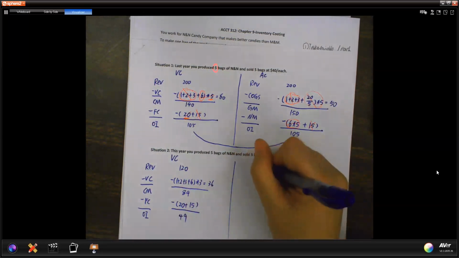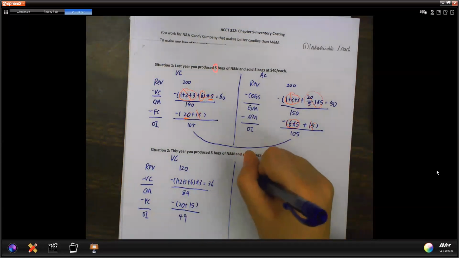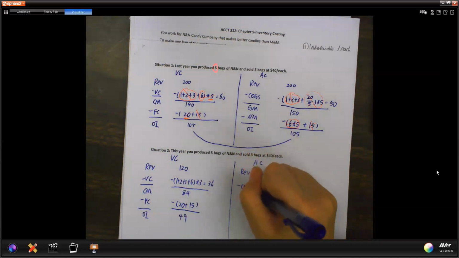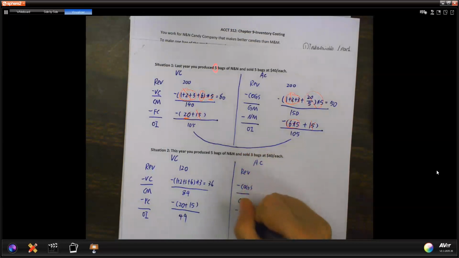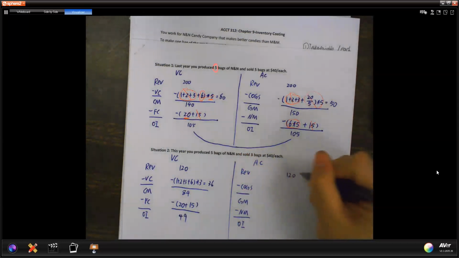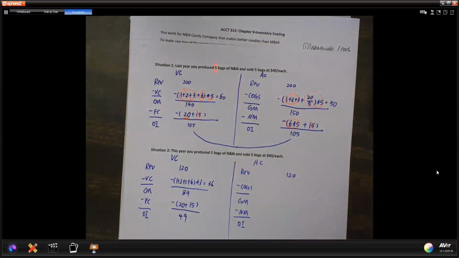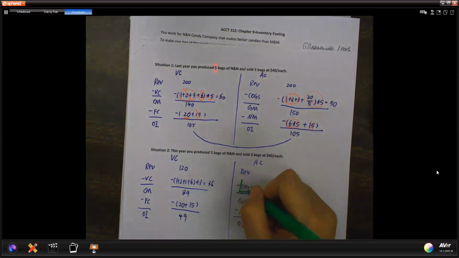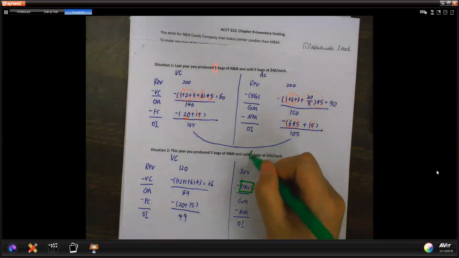Under absorption costing, you have your revenue, subtract cost of goods sold to get your gross margin, subtract the non-manufacturing, and that gives you operating income. Revenue is still 120. Now, cost of goods sold: how many did we sell? We only sold 3.